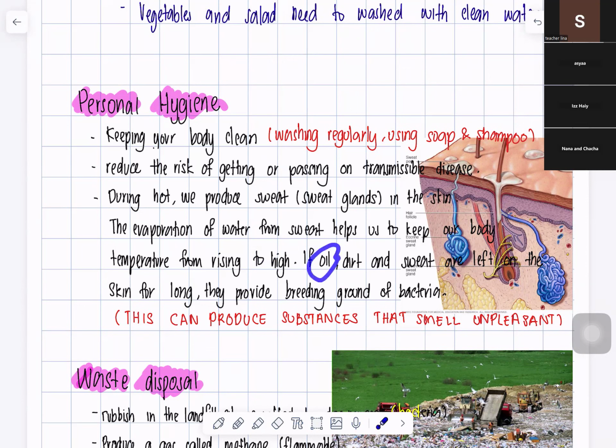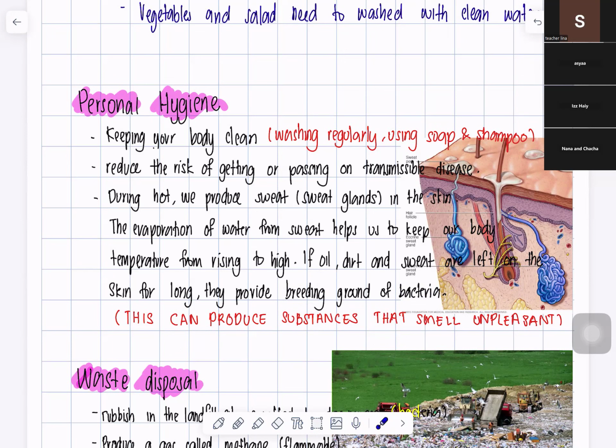If oil, dirt, and sweat are left on the skin for a long period of time, they will provide a breeding ground for bacteria. This can produce substances that smell unpleasant. So make sure your body is clean.